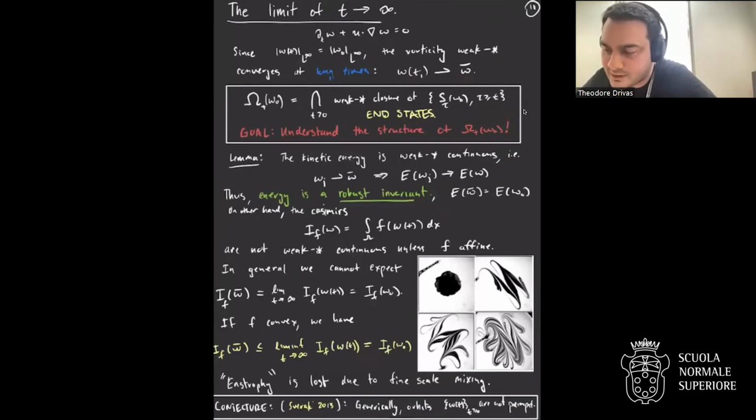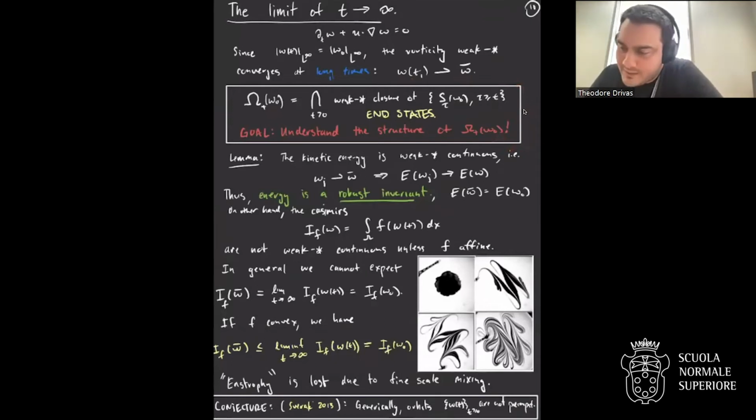Of course, it need not be unique, but depends on the subsequence. And if you form the omega limit set, the collection of all weak limits at long time of the vorticity for a given initial data, then you could call the goal of understanding the long-term behavior just studying the structure of this omega limit set.